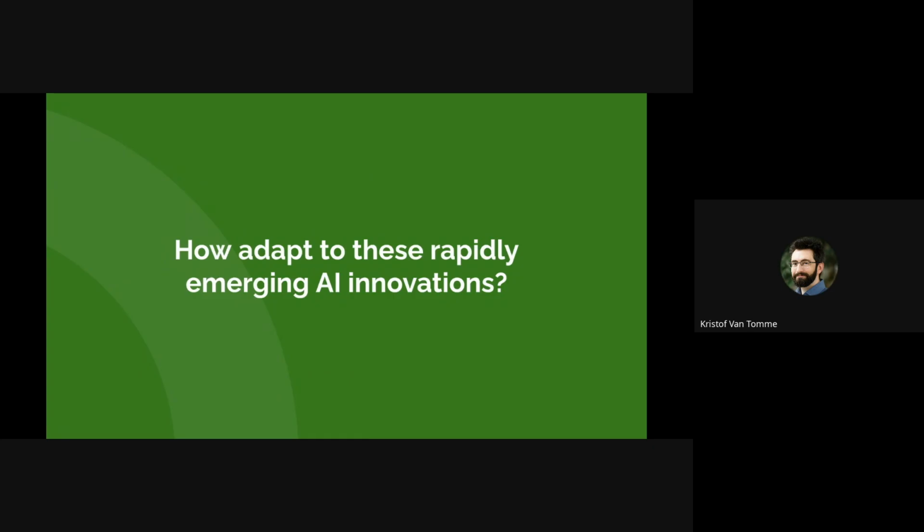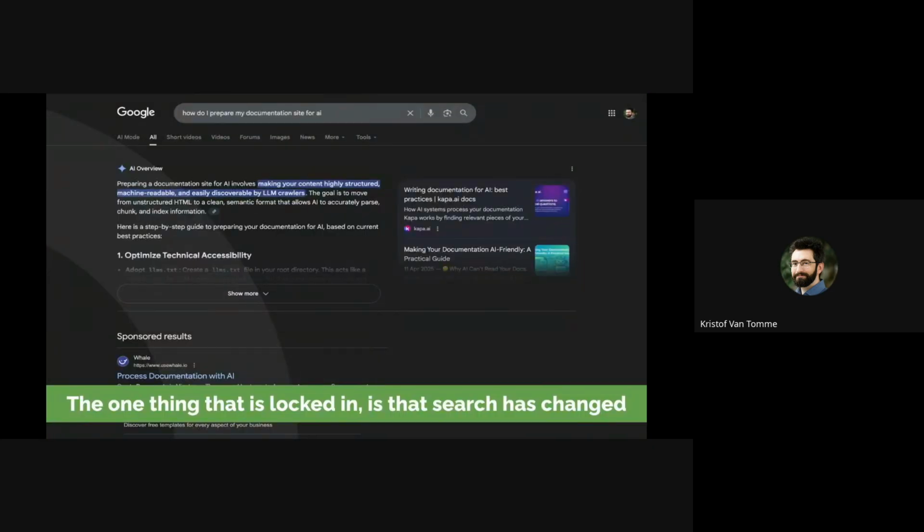So how do we adapt to all of these rapid changes? As I already said, the one thing that is definitely locked in is that we need to change to accommodate the changes in search, making sure that your content is optimized for generative engines or answer engines. I think that is one of the key things you probably need to start doing right now.